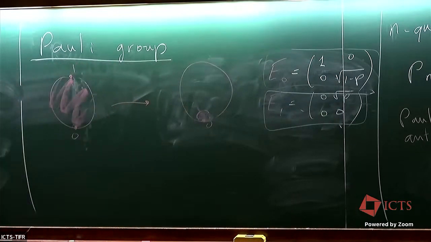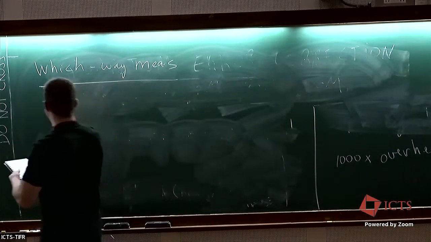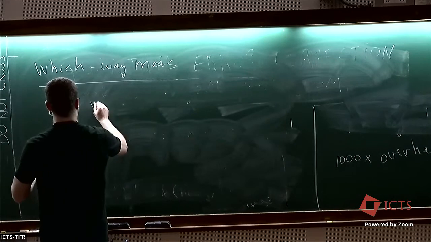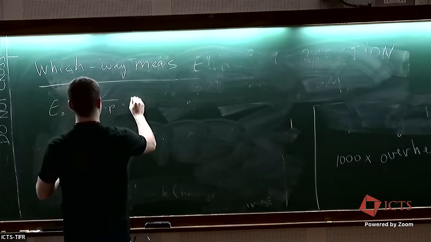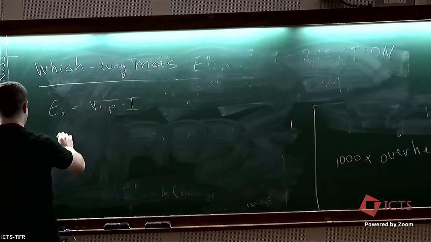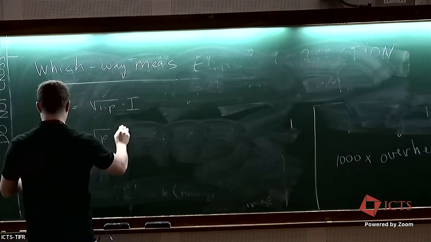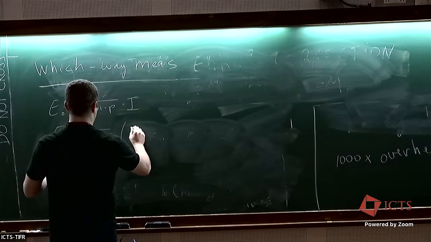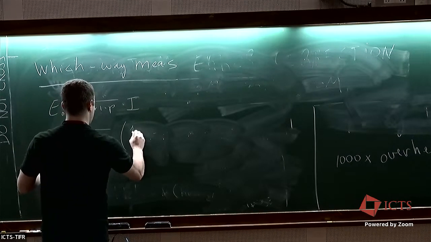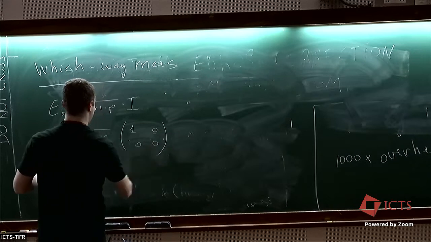I want to talk about two more error channels that are important. E naught is square root of 1 minus P times identity. So sometimes nothing happens, the environment doesn't measure. Sometimes it collapses you to the ground state, |0><0|.